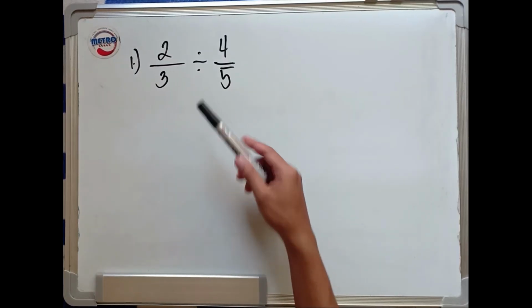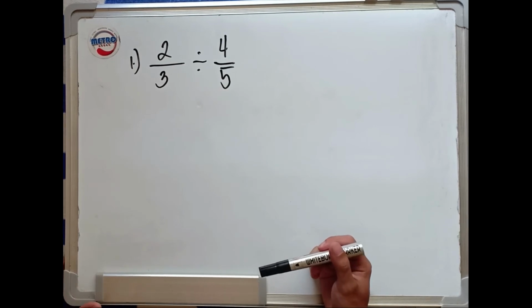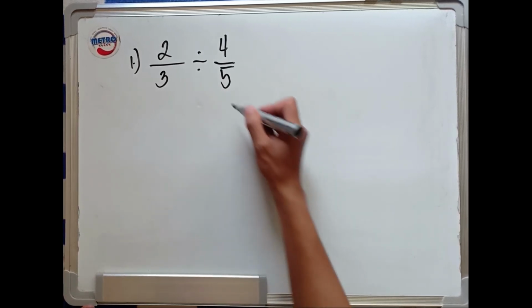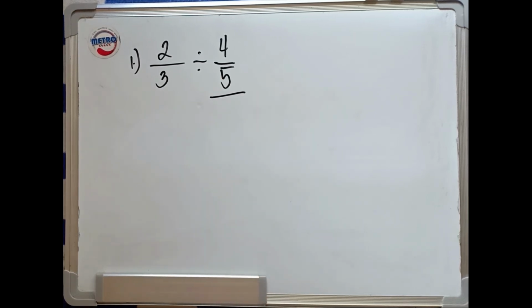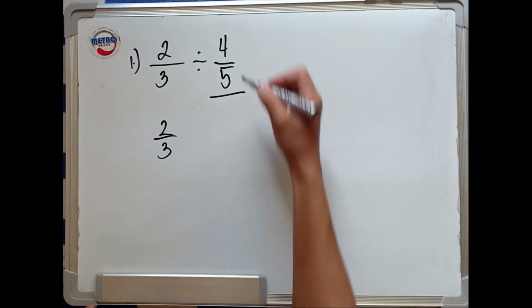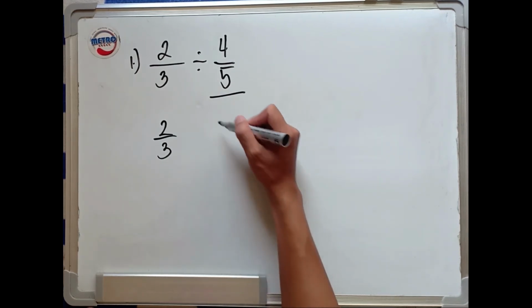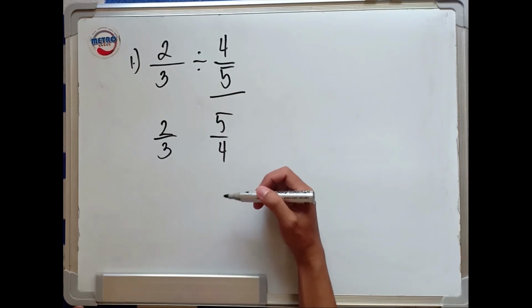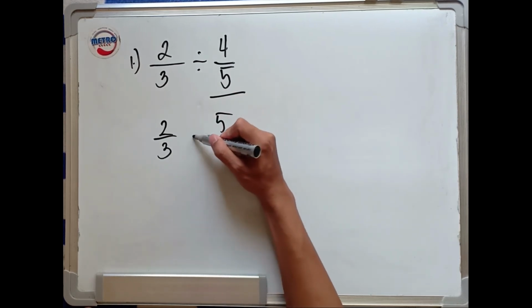Now, let's have the first example for dividing fractions. In dividing fractions, you're going to get the reciprocal of your divisor. So, copy 2 over 3. Then, 4 over 5 will be 5 over 4. Then, the process will become multiplication.